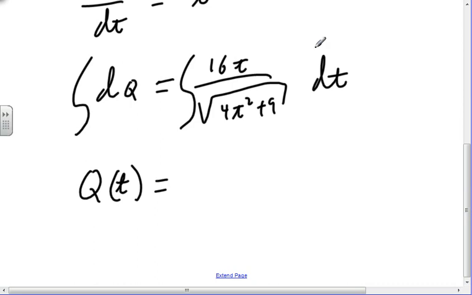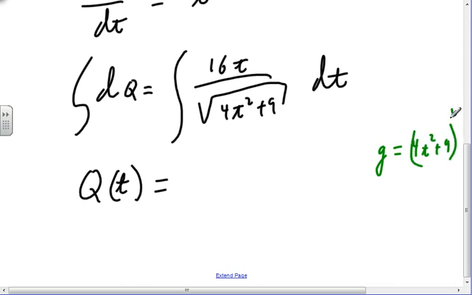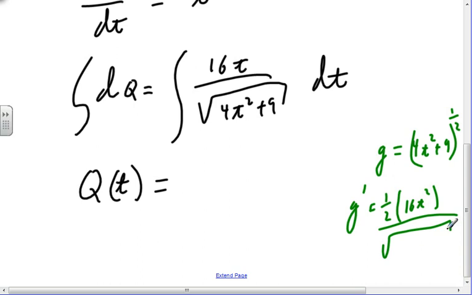Okay, so I'm going to leave enough room here so that after my guess I can fill in what I need. Okay, so I'm going to do a guess. I'm going to guess 4t squared plus 9 to the 1/2. G prime would be 1/2 times 16t squared divided by the square root of 4t squared plus 9.